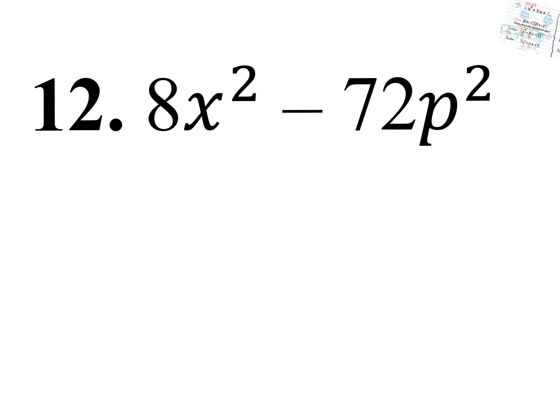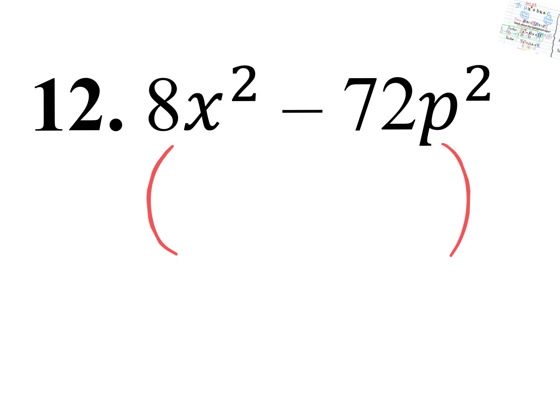Let's move on. Number 12 is an interesting one because they are not perfect square terms. You cannot square root the 8. You cannot square root the 72. So don't give up. Think of other factoring methods that we've learned in the past. The very first factoring method that we ever learned was to pull out the GCF. And that's what we should do. We should pull out the GCF and then look at the inside and see what else we could do.